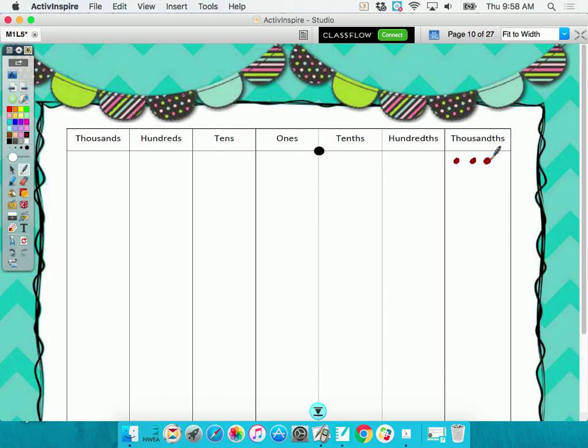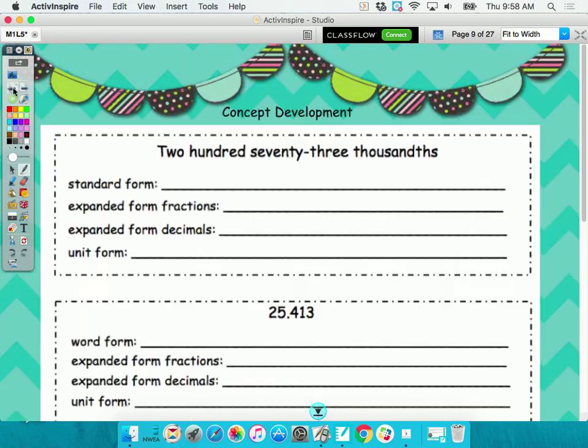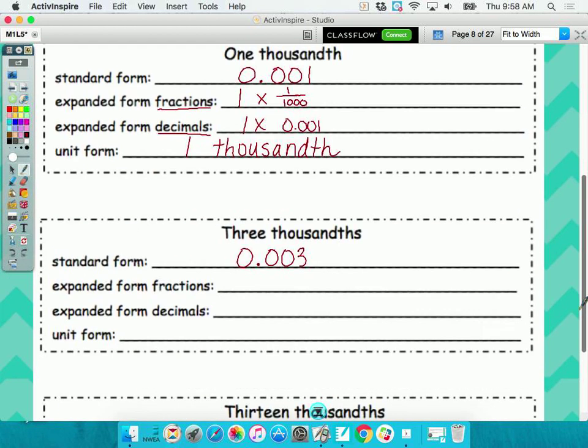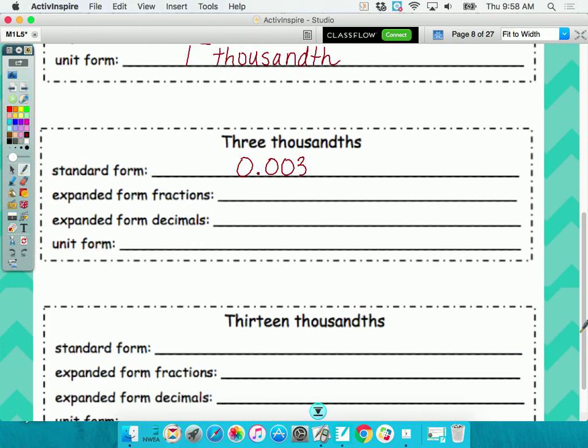How many copies? 3. When I say copies of, that means to multiply, doesn't it? So I'm going to do 3 times, and I'm going to do the fraction, 1/1,000. Yeah, I almost put 3 times 3/1,000. Right. And that would be 9,000ths.